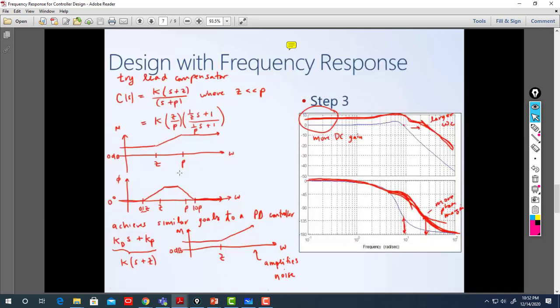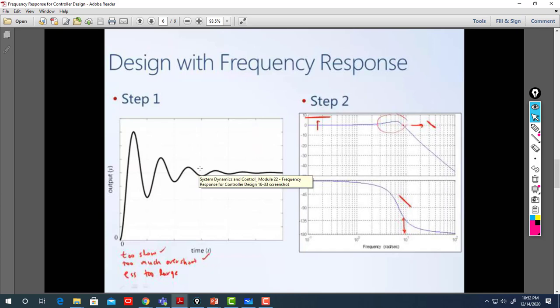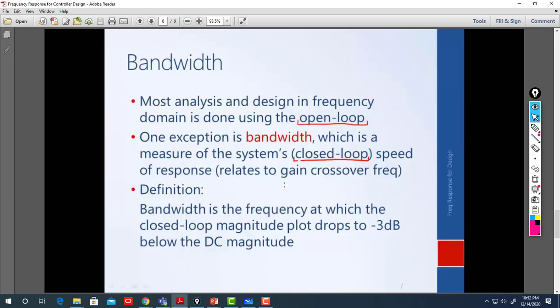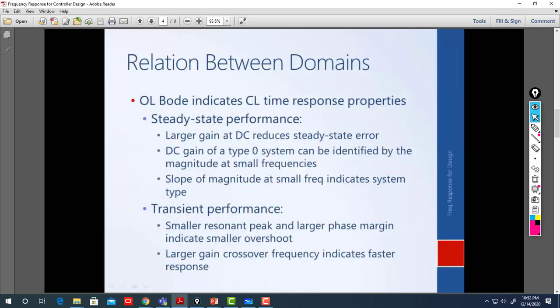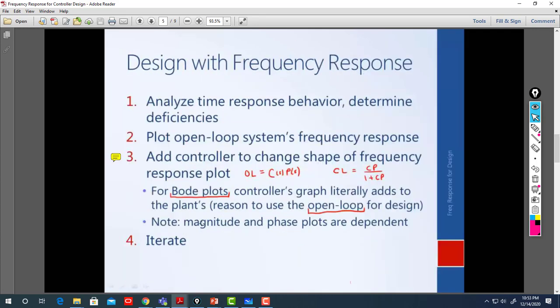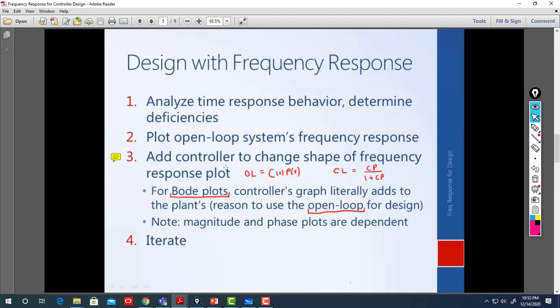Good. So just to fix the idea, at the end, those are your design requirements. So you do the analysis. Now we're able to do the analysis of bandwidth, rise time, how it's related to the bandwidth and to the gain crossover frequency, in addition to all the analysis we saw in steady state and transient response. That's the first step in our analysis, so we know which controller we need to design.